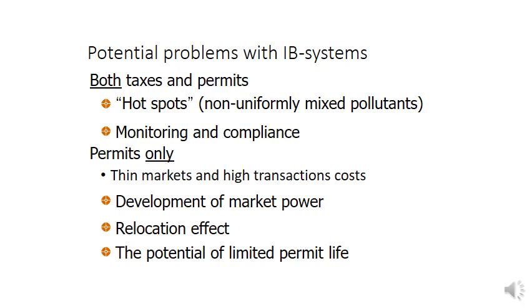It also creates an additional cost for the government or the regulatory body, in that we need to make sure people are abating pollution to the extent they said possible. We need monitoring of how much they're emitting, and we need firms to comply.